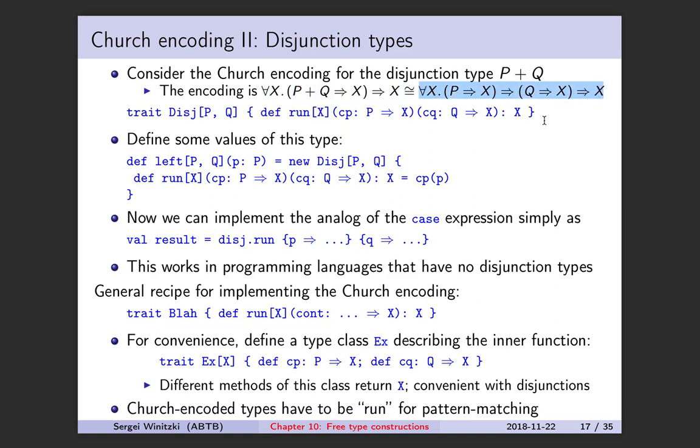Now in Scala, in order to implement such things, I have to hide this type parameter somehow. I cannot have a type, so I need to have a type that has inside of it a def with type parameter.